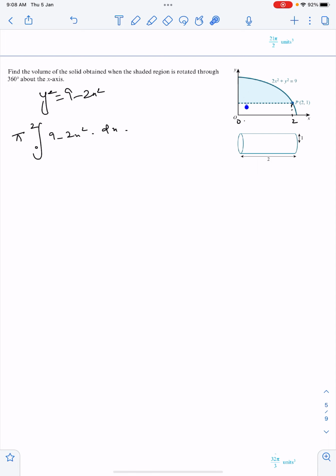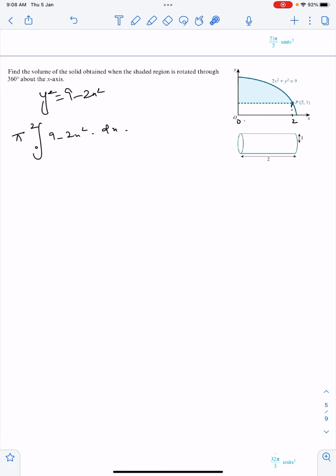So I'll get the whole volume when the whole area, not the specific area, is rotated, and then I'm going to subtract the volume of the cylinder, which will be formed when you rotate this unshaded area about the x-axis. So from the whole volume you will have to subtract the volume of the cylinder.